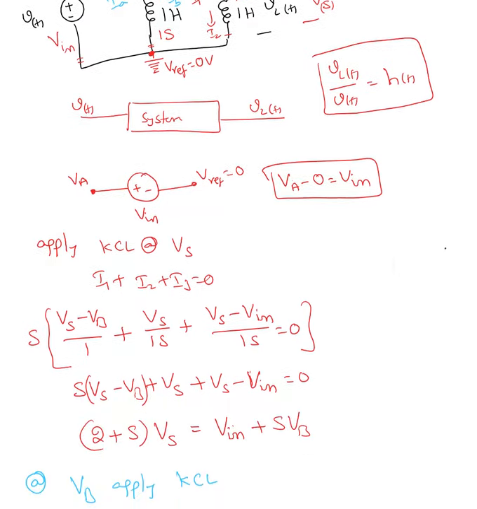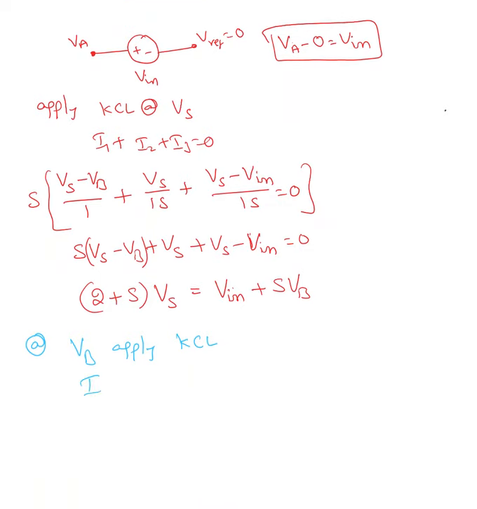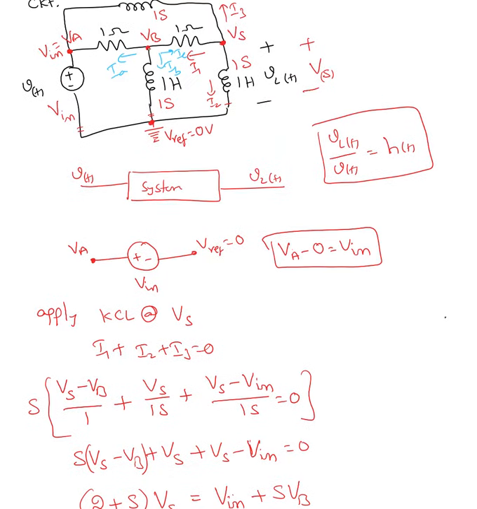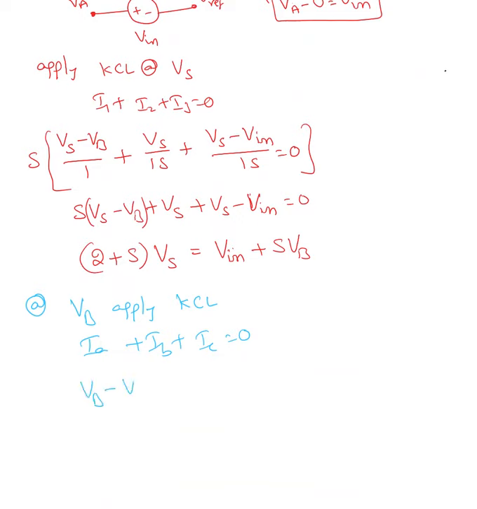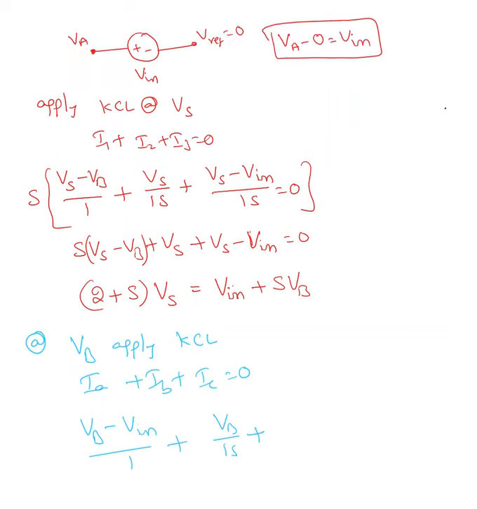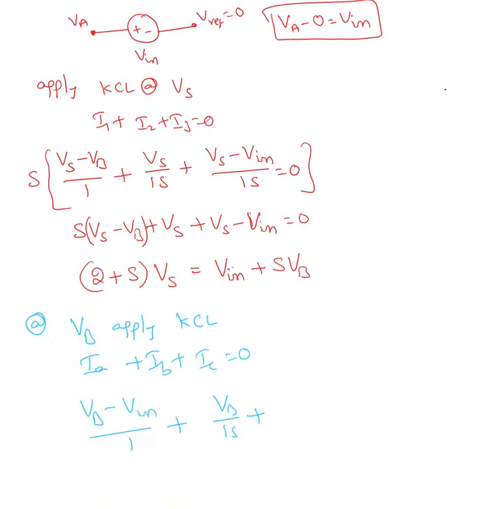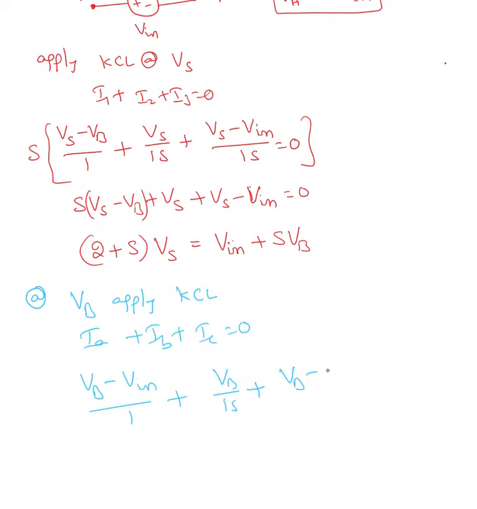So IA plus IB plus IC equals 0. What is my IA? IA is Vb minus Va over 1, so Vb minus Vn over 1, plus IB is Vb over 1s, plus IC is Vb minus Vs over 1, equal to 0.